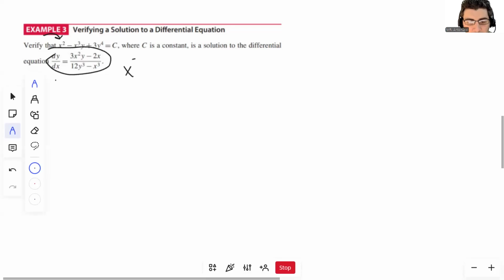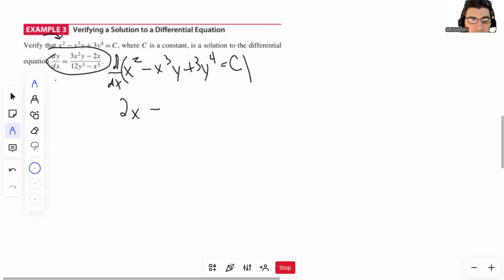So if I have x squared minus x cubed y plus 3y to the fourth equals c, and I take the derivative with respect to x of all of that, the derivative of x squared is 2x minus the derivative of x cubed y, where we'd have to use the product rule.